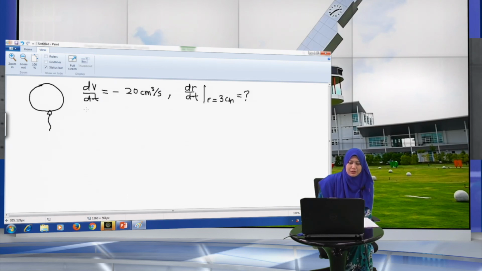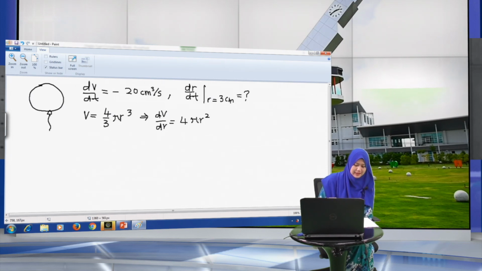What is the volume of a sphere? Volume of a sphere is V equal to 4 over 3 pi r cube. And from this we can find dV/dr equal to 4 pi r square. Okay, you know this, right?